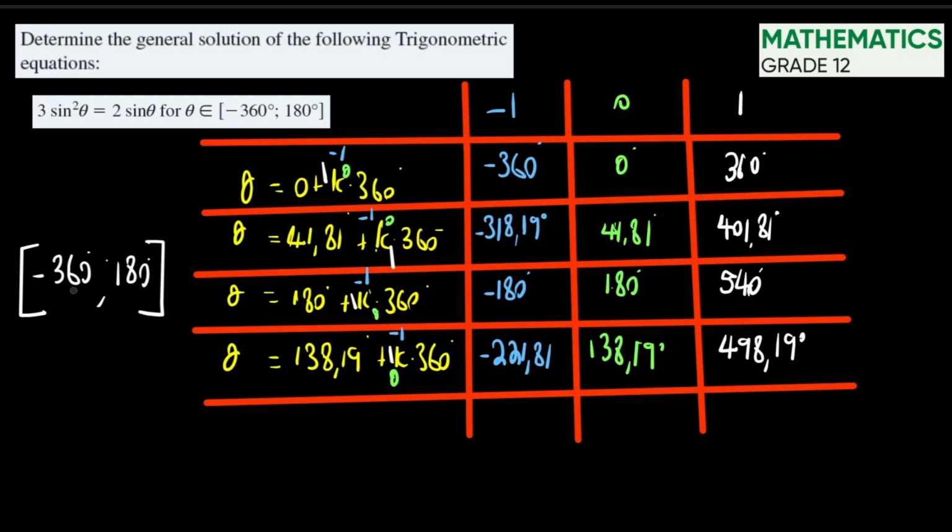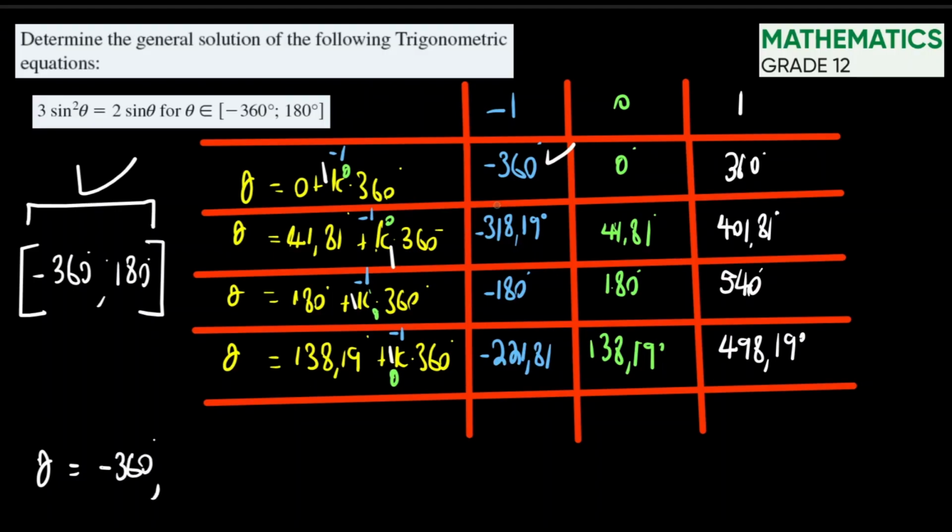And then the most important part is using -360 and 180. We're looking for all the values that lie in between -360 and 180. So all the values should be theta, right? What lies between, including, because of solid brackets, -360. We have one value there, -360 is there, so theta is equal to -360 degrees.